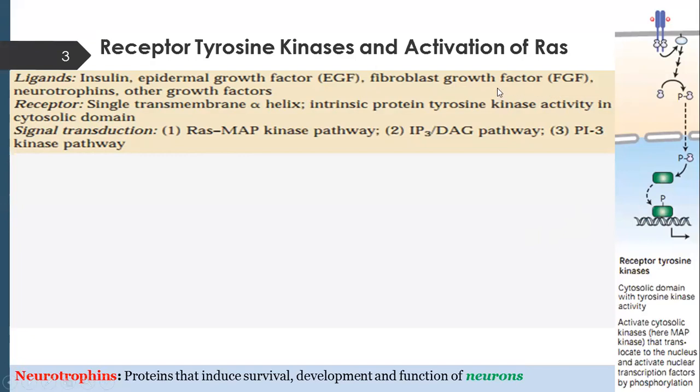Neurotrophins can also be ligands for these receptors. Neurotrophins are proteins that induce survival and development of functions of neurons, along with some other growth factors. So these growth factors are the ligands for these receptor tyrosine kinases.